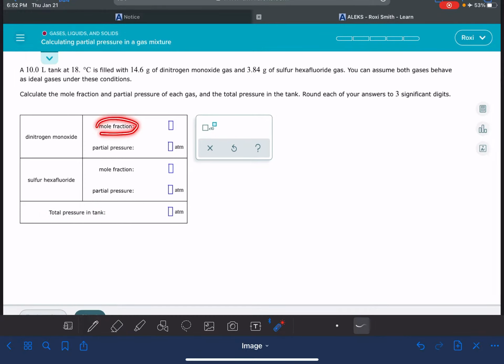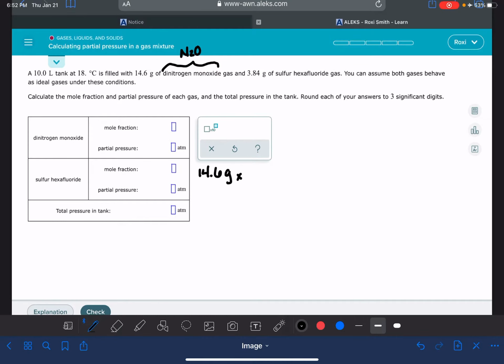We are going to start by calculating the mole fraction of the two gases. For both of the gases in the mixture, we are given their quantity in units of grams. So the first thing that we need to do is convert these masses of each gas into moles. Dinitrogen monoxide is N2O. If you're not familiar with that, you can just look it up on the internet.